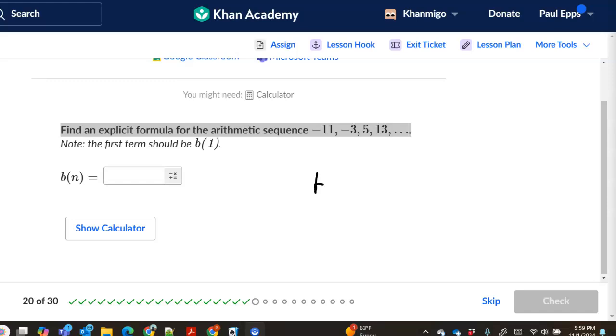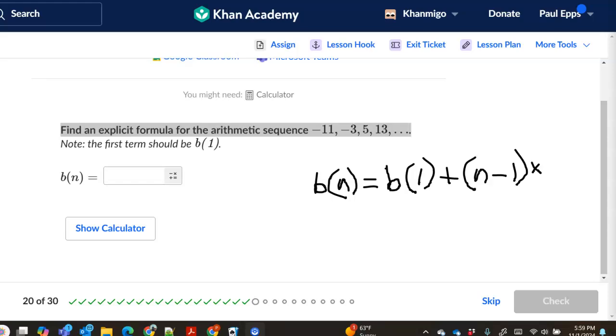Arithmetic sequence looks like this. b of n equals b of 1 plus n minus 1 times d. d is the constant, which in this case is 8. It's adding 8 each time.